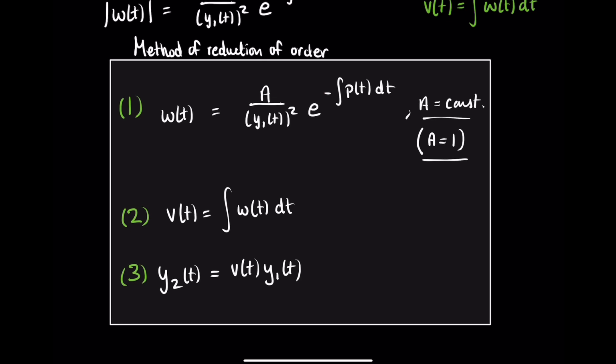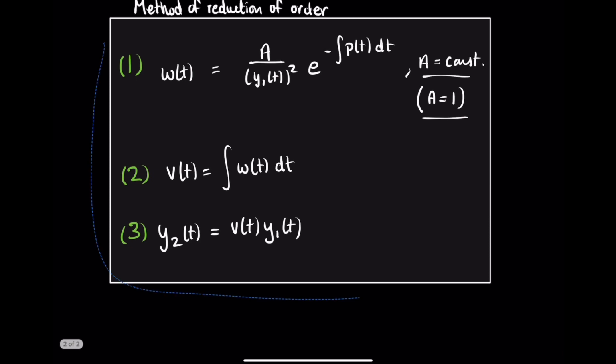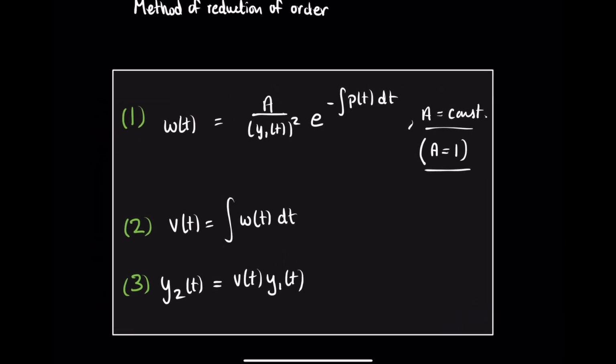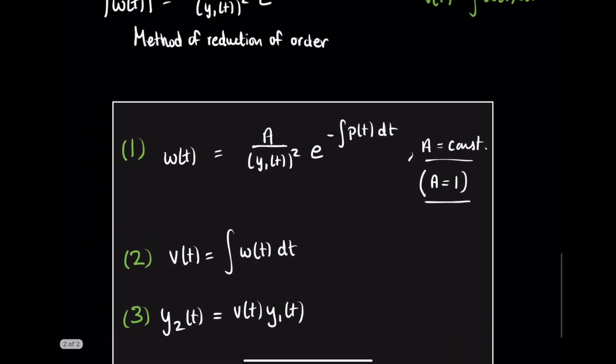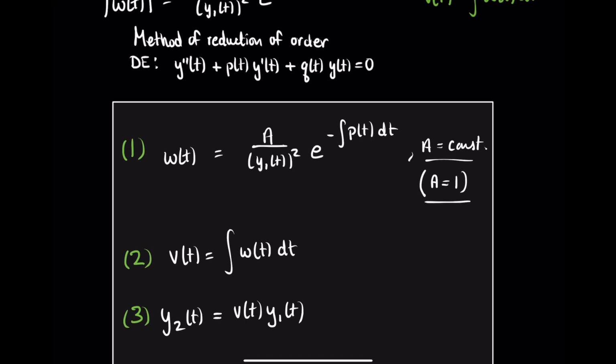This is for a differential equation that has the form y''(t) + p(t)y'(t) + q(t)y(t) = 0, and we are given y1(t).